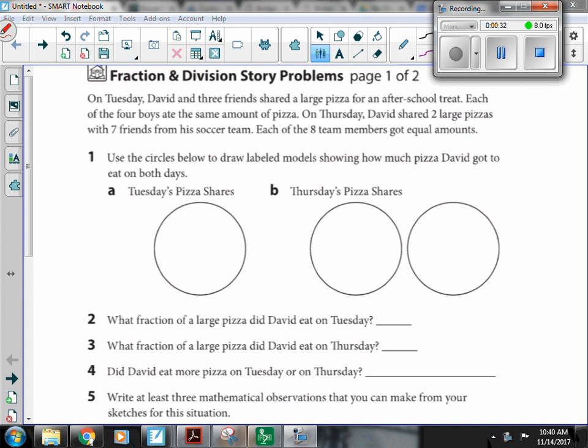So on Tuesday, they split one pizza 4 ways. So I am going to split my pizza into 4 ways, and each boy gets a section of it. Then on Thursday, they shared 2 large pizzas with 8 people. So I can cut each pizza into 8s.